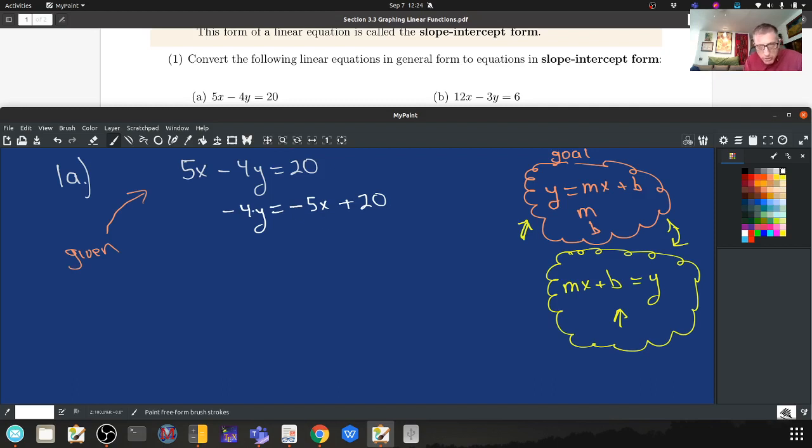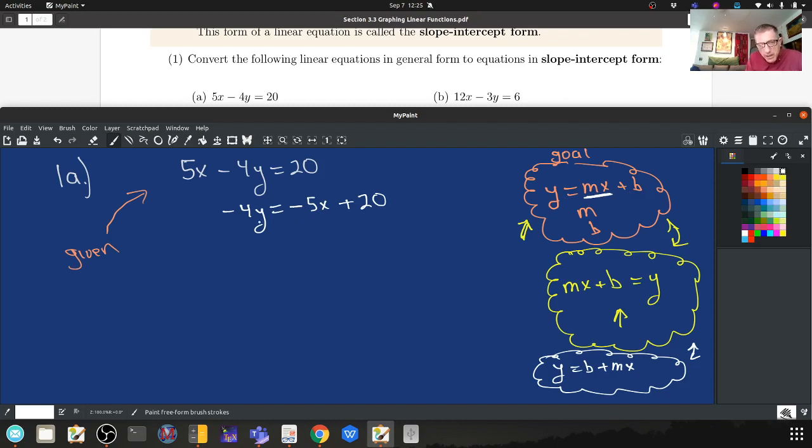I just scooted the 20 over to the last. Why? Because my goal is to get an mx term. And one more thing, y is equal to b plus mx, all of these are equivalent forms. But the suggestion was to write it in the form y is equal to mx plus b in that order, even though mathematically it does not matter. That's what we're going to do.